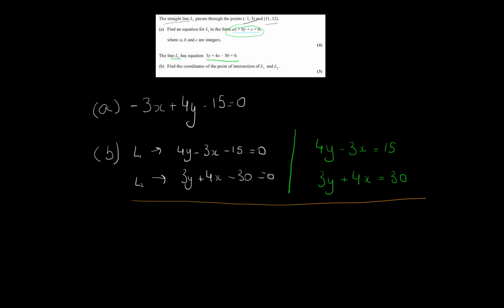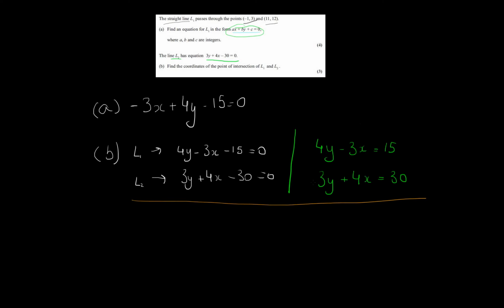So for solving simultaneous equations, what I do is I try to get one of the variables in both the equations to have the same coefficient. And by coefficient, I mean the number in front. So if I choose the variable y, then I need to make sure that in both of these equations, the number in front of y, its coefficient, should be the same.